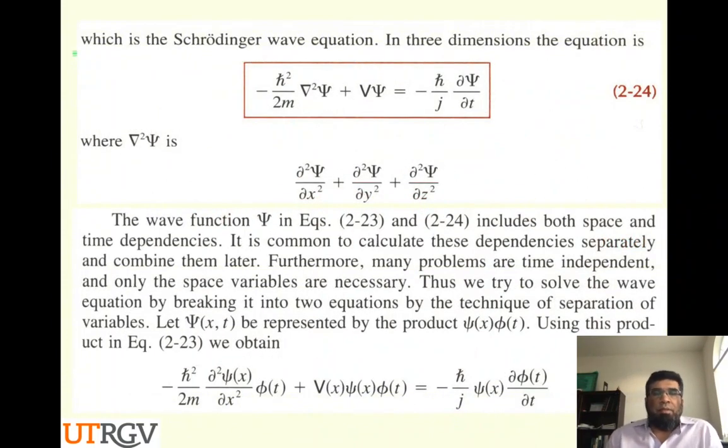So by doing this, we have the Schrodinger wave equation in 3 dimensions, where we get just the space dependence. This del operator is what is called the space operator.